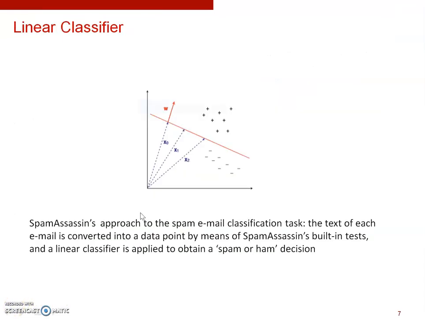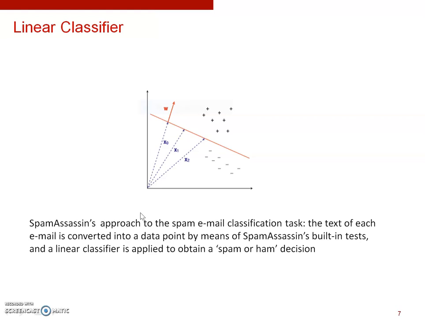So here we can see SpamAssassin's approach to the spam email classification task. The text of each email is converted into data points by means of SpamAssassin's built-in tests. Now a linear classifier is applied to obtain the spam or ham decision.